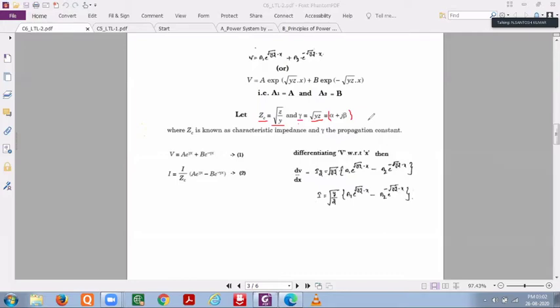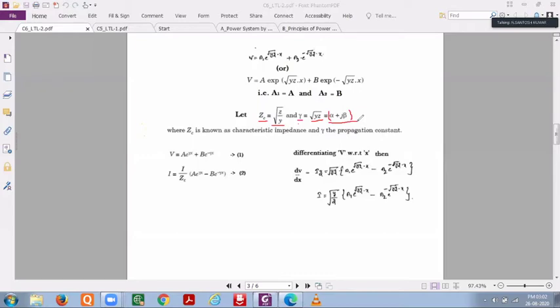Based on this equation, we are going to see the wave traveling concept. In tomorrow's class, we'll see that concept.